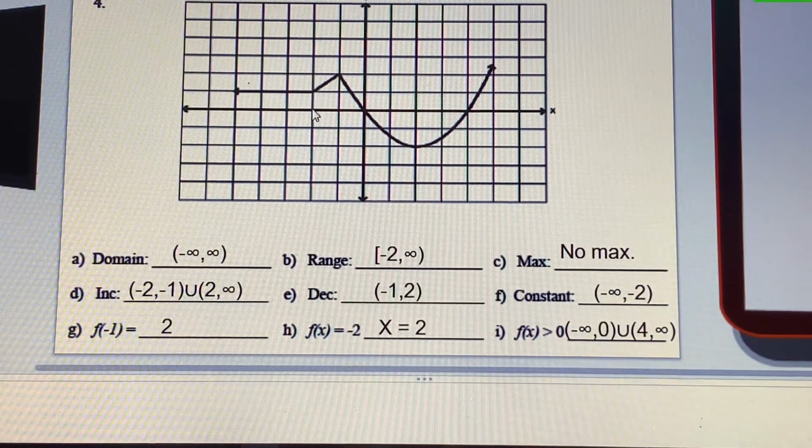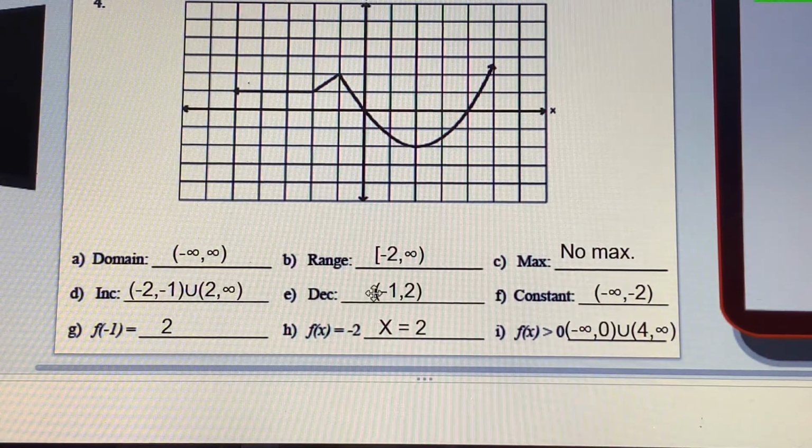You list that with your x values, and it's always in parentheses when you are listing increasing, decreasing, and constant. So this first interval of increasing is from -2 to -1, okay, where x is -2 to x is -1, and from x is 2 all the way to infinity, okay, because it keeps going to the right from here.